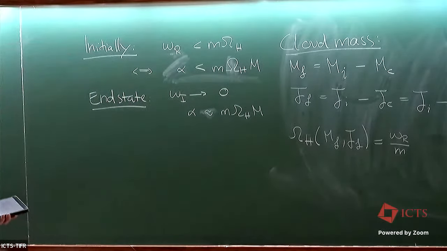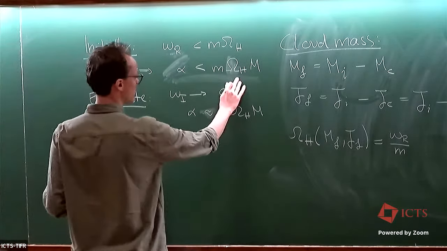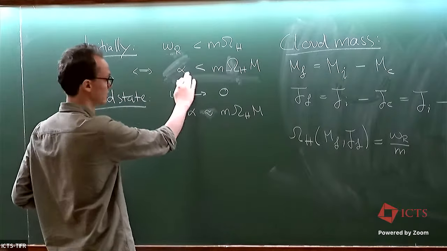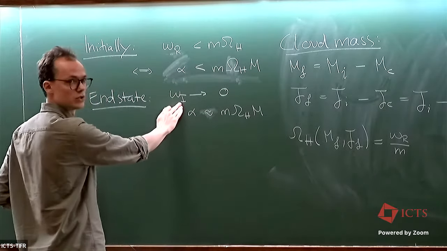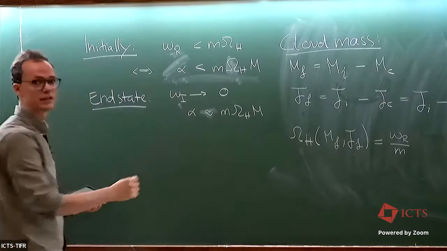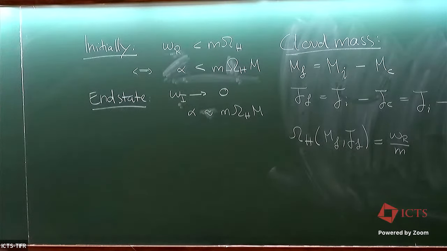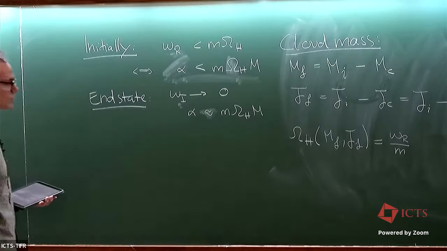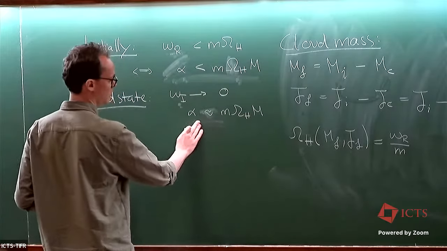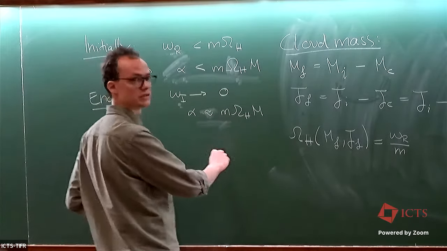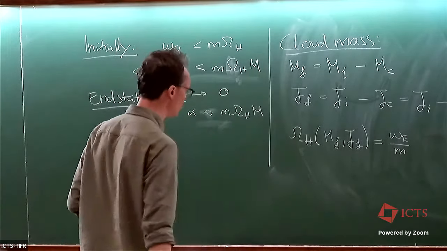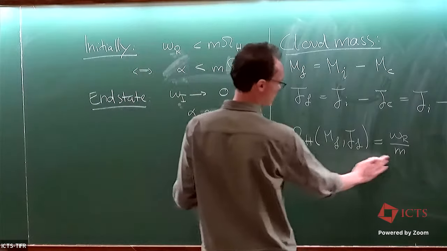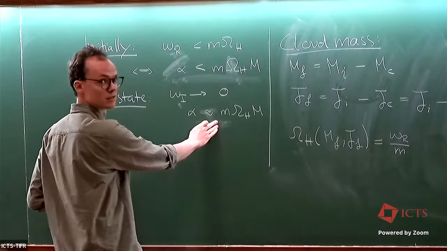So as soon as the horizon frequency matches the alpha, the growth rate goes to 0, and the superradiance growth, the extraction of energy from the black hole, stops. And now we're trying to figure out where this happens. It happens exactly at this condition, which is just rewriting this.